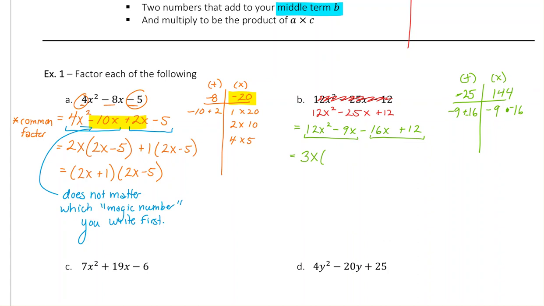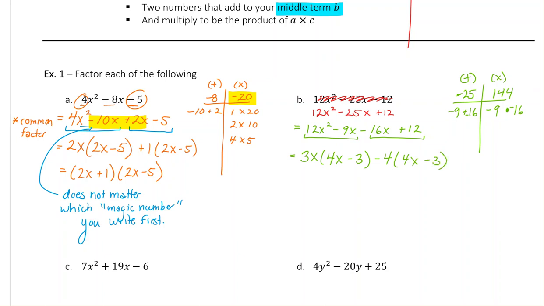If you factor out 3x from 12x squared, you're left with 4x. If you factor out 3x from negative 9x, you're left with negative 3. What's common amongst our second pairing? Would be negative 4, leaving us with 4x minus 3.